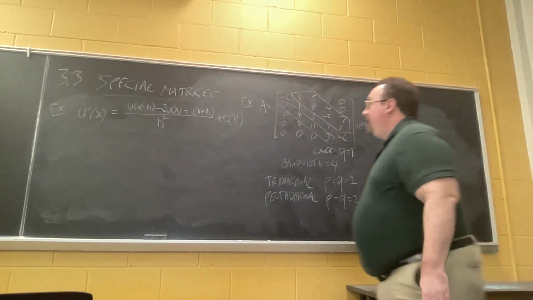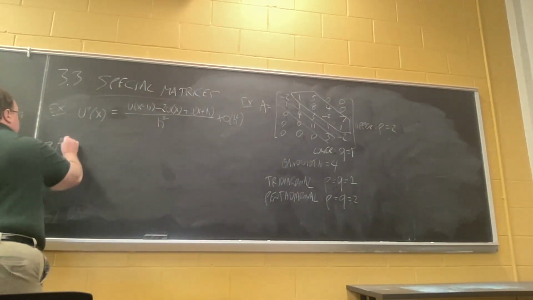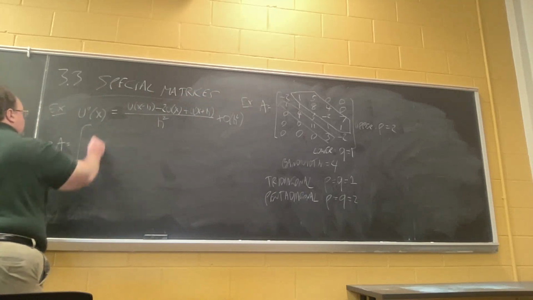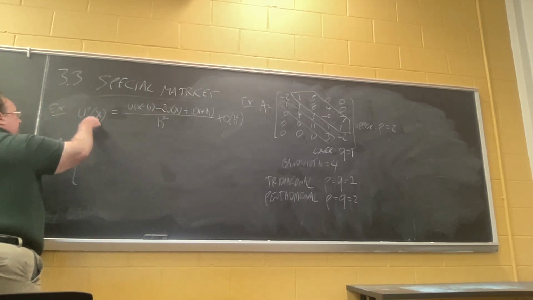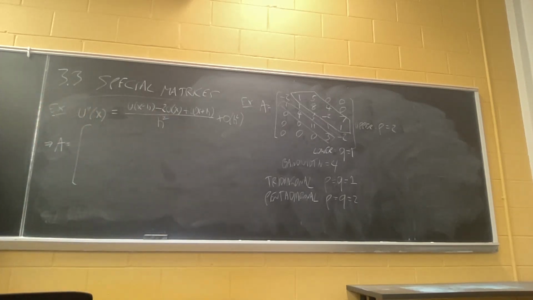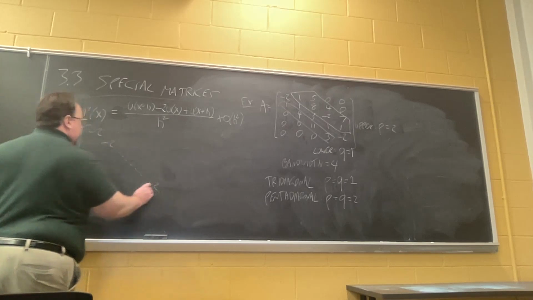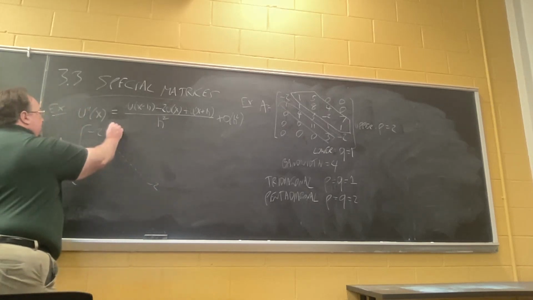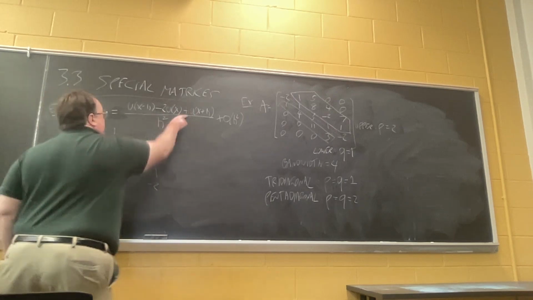So this leads to this tridiagonal matrix that has, so we're evaluating the derivative at x, and here we use the function value at x. So this leads to minus 2's on the main diagonal, and then 1's above because the coefficient of this term is 1.